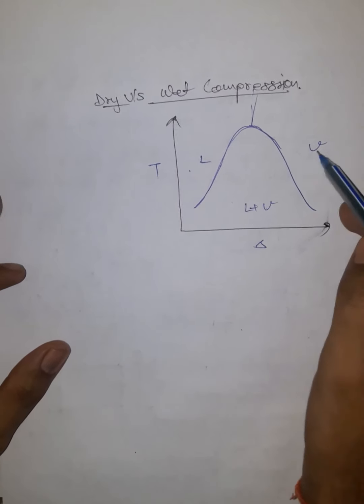Okay, and the process from 1 to 2, this is occurring in the superheated region, or the region in which there is only vapor in the mixture. So from 1 to 2, it is the dry compression, and from 1 to 2 dash, 1 to 2 double dash, this is representing the Carnot cycle. This is for the Carnot cycle.